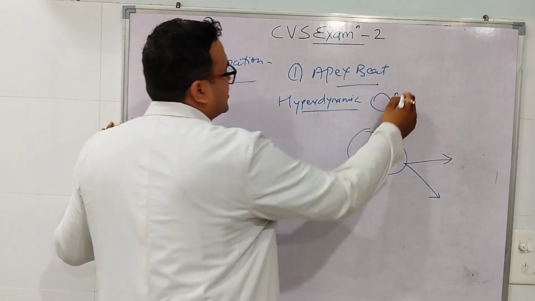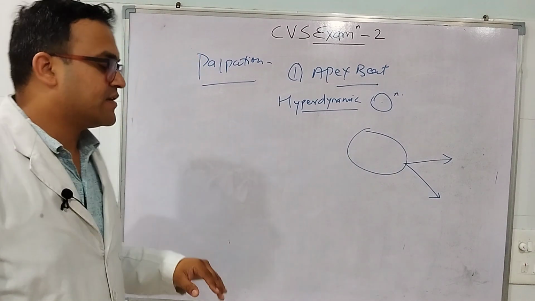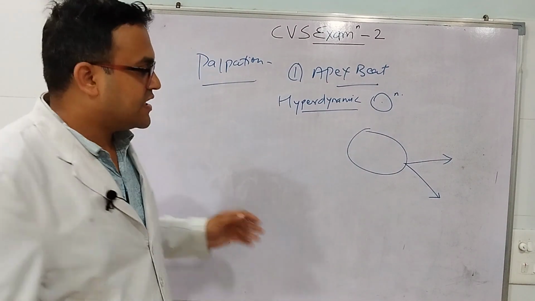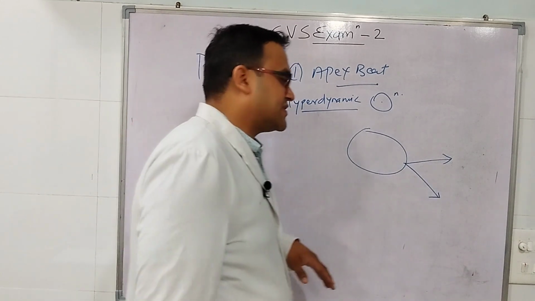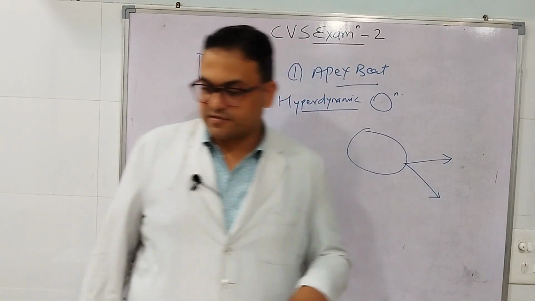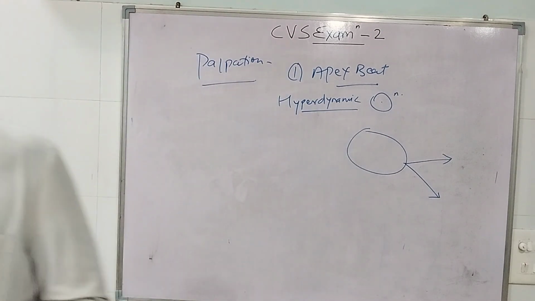It is displaced down and out in patients with hyperdynamic circulation, like MR, like AR. The apex beat may be felt in more than one finger. So this is again abnormal.